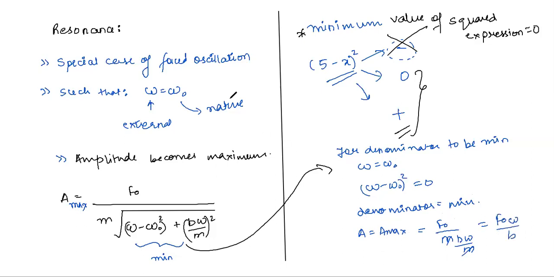This is the maximum value of amplitude. Mahila, is this point clear to you? How have we calculated the maximum value of amplitude when the frequency of the body becomes equal to the frequency of the external agency? Is this point clear?